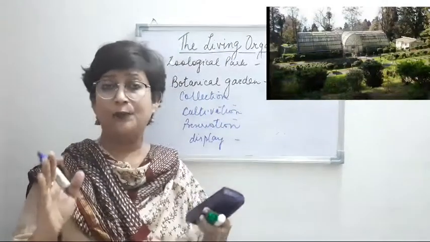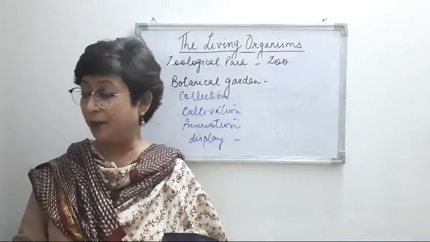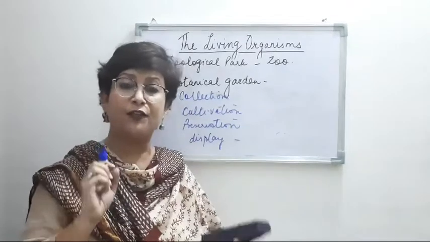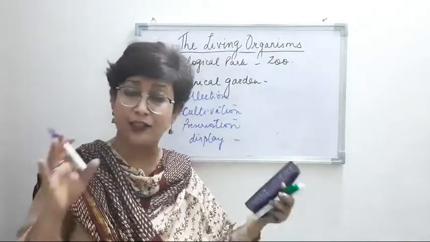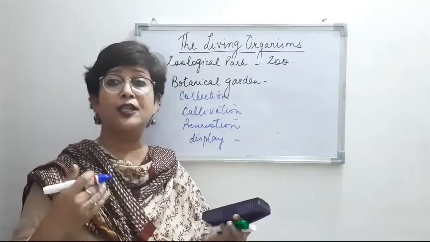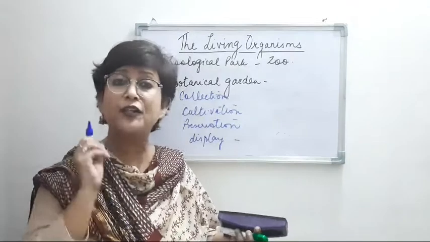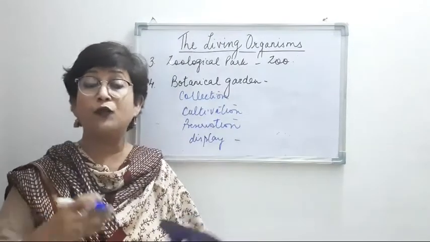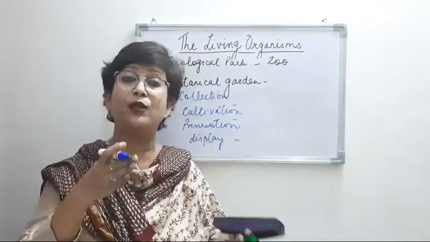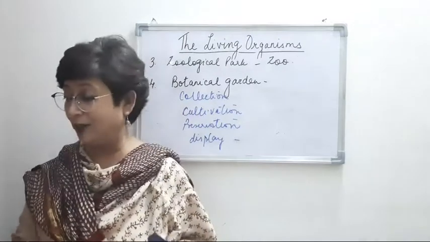They may not always, but may have an associated herbaria also, and a lot of research programs go on over there related to plant taxonomy. You find scientists over there who keep on studying these plants, right? So a lot of research work is done. That is how we know so much about plants and animals, because of these scientists who keep on working, studying and finding out new things about plants and animals, right?